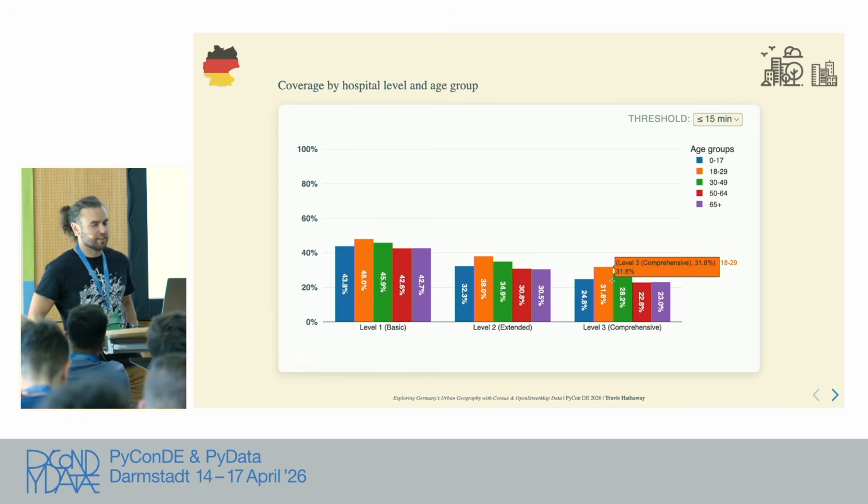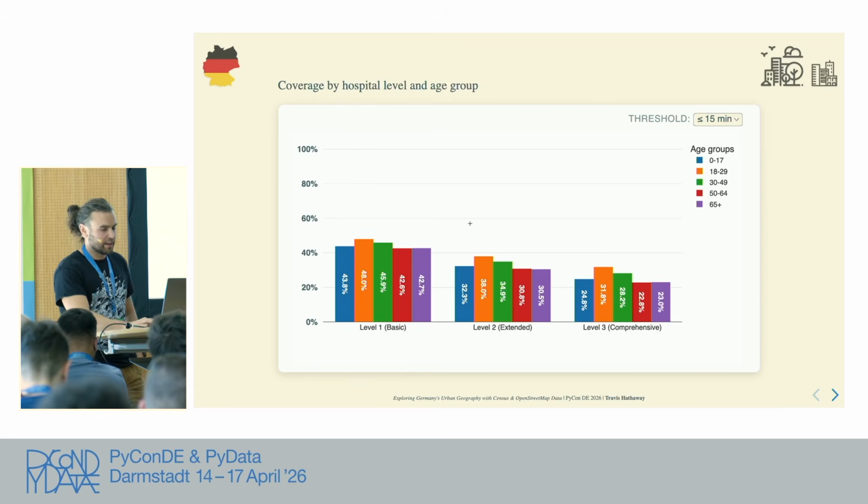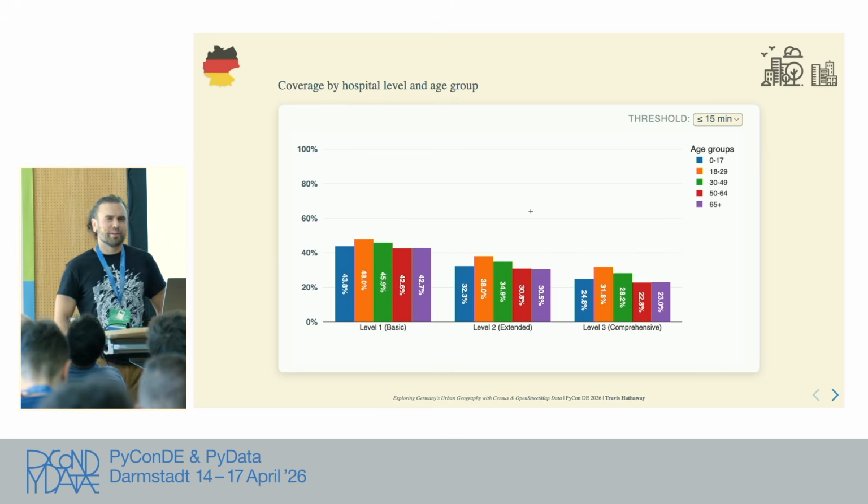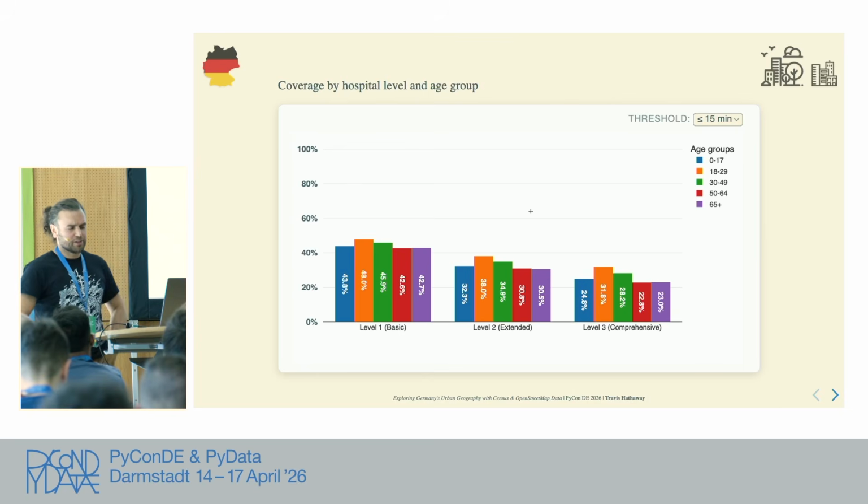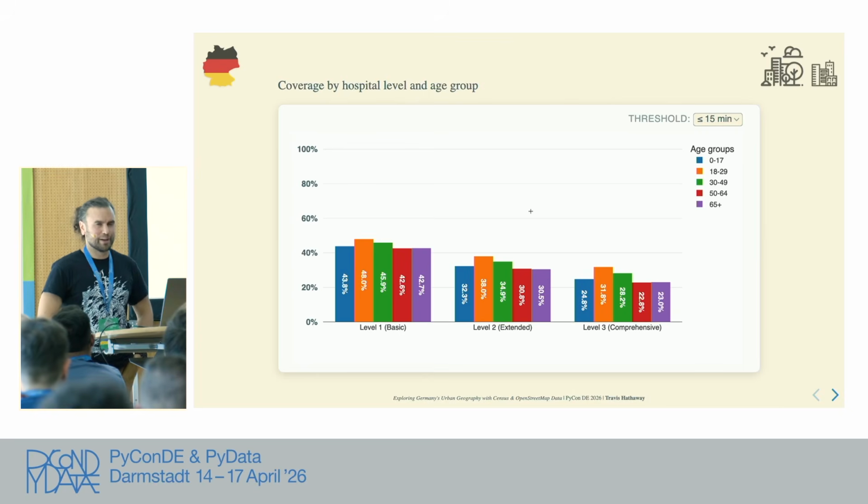One of the things that struck out to me was that the 18 to 29 age group does appear to be consistently higher. This is me just being kind of an armchair statistician. I'd love to dive into it, but I fortunately didn't have enough time. But I think that this group of people is more likely to live in highly urban environments.